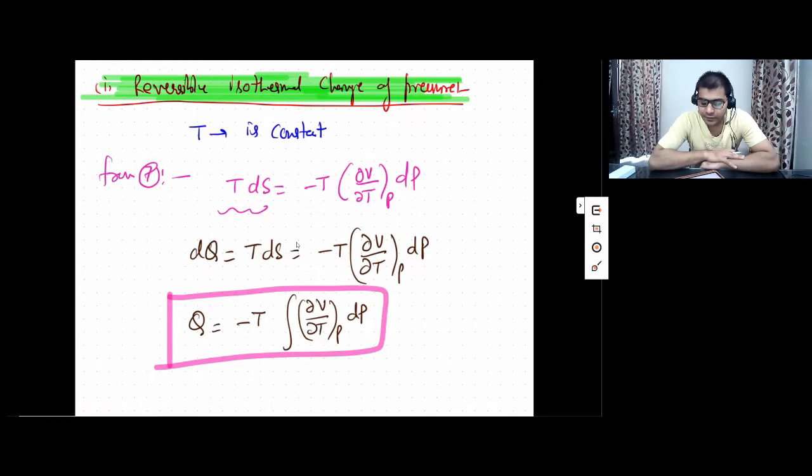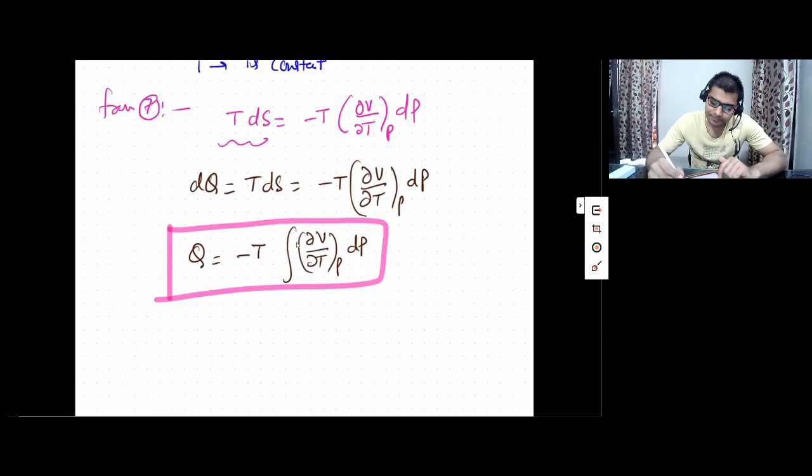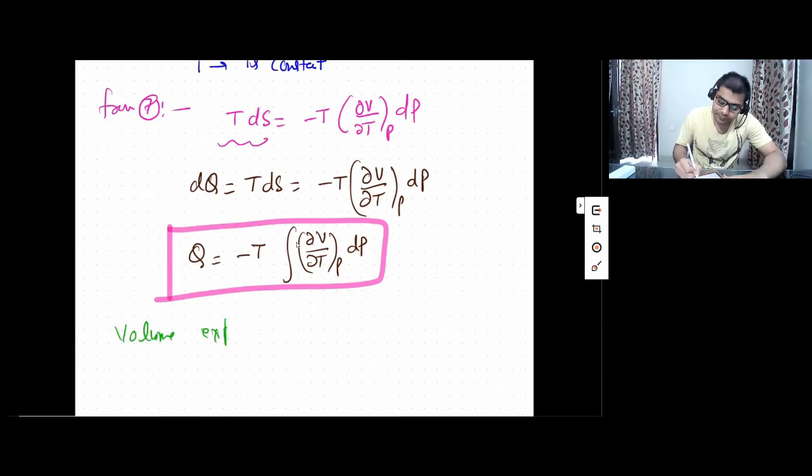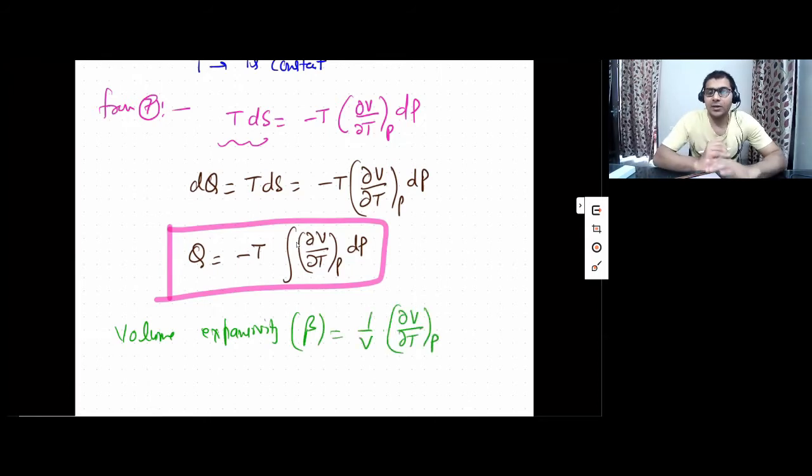We can further go along and write down the alternate, more useful form of this result in terms of the so-called volume expansivity. Beta is defined as 1 over V, del V over del T at constant pressure.